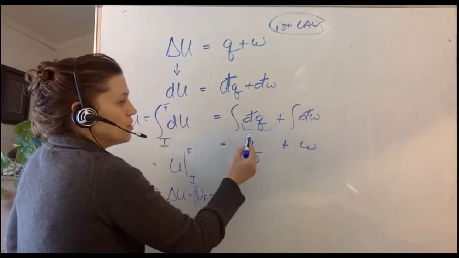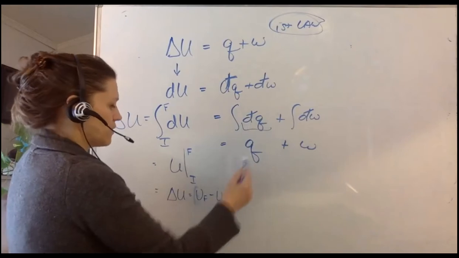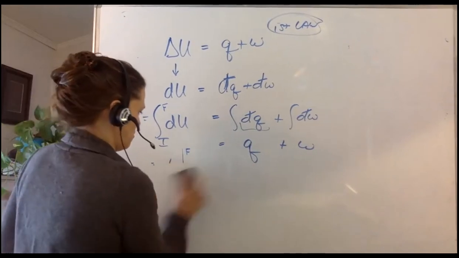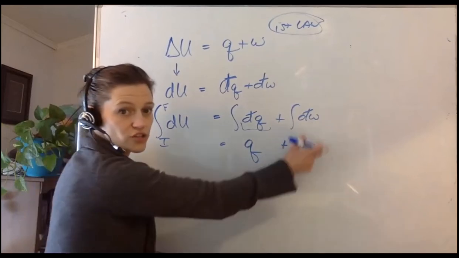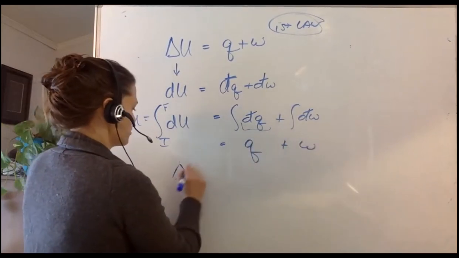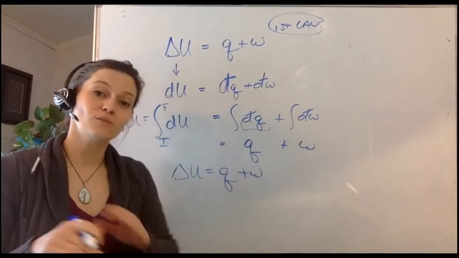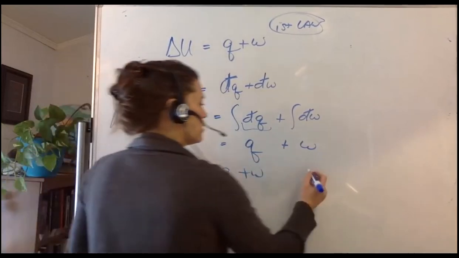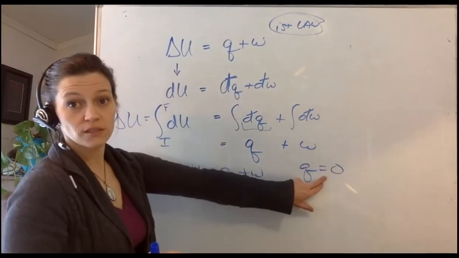Because again, inexact differentials, that leaves us with only being able to represent the change in heat as just Q, or the change in work as just W. So delta U equals Q plus W. We are going to confine our system to having no heat change. So for Q equals 0, we are imposing this.